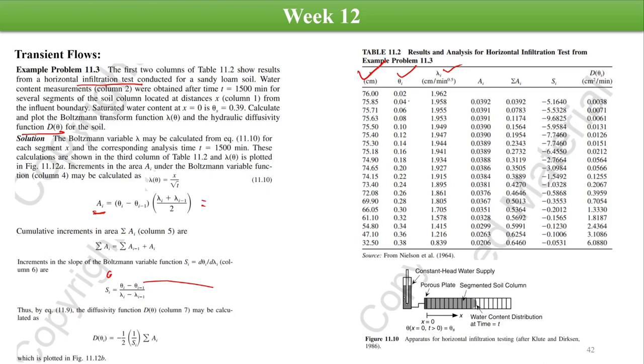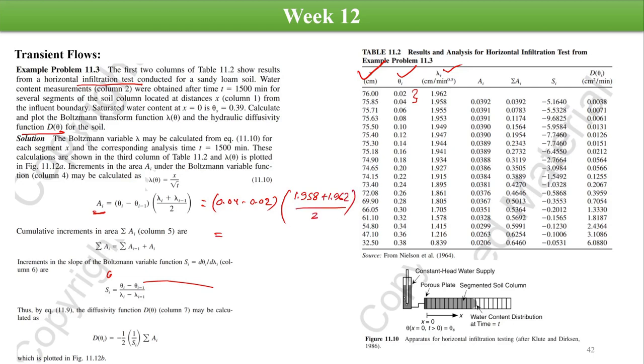So let's say if we calculate here for these two, then we get 0.04 minus 0.02 in one bracket, and then lambda I plus lambda I minus 1, that's 1.958 plus 1.962, divided by 2.